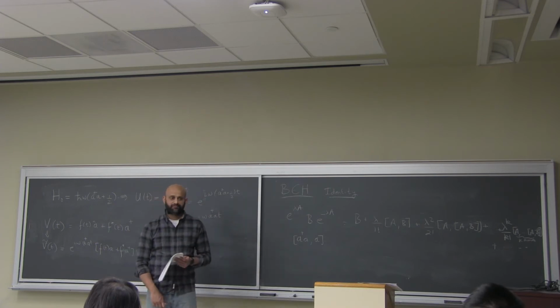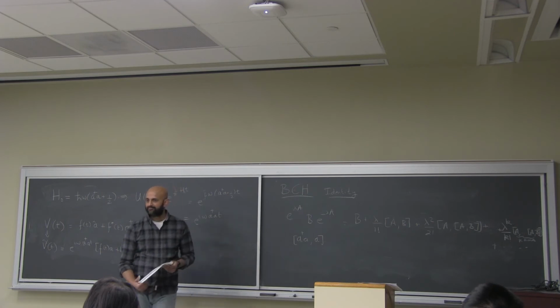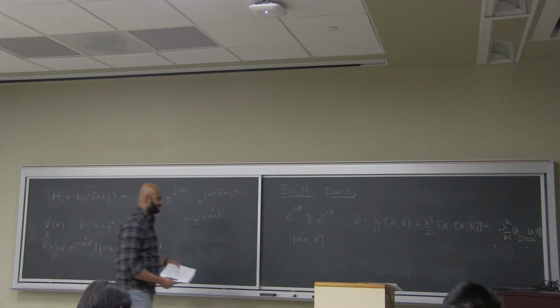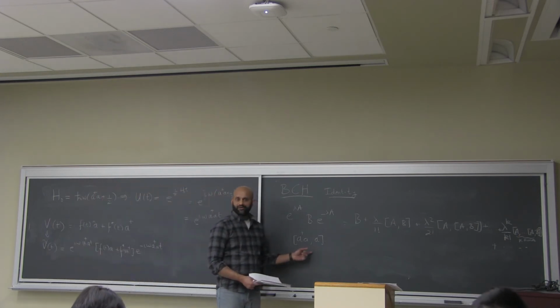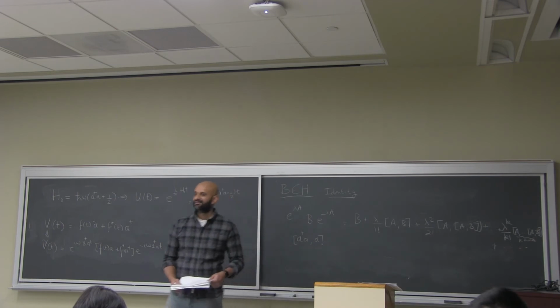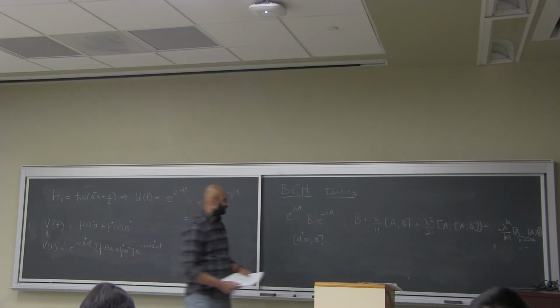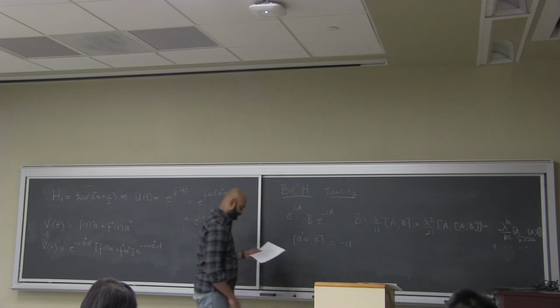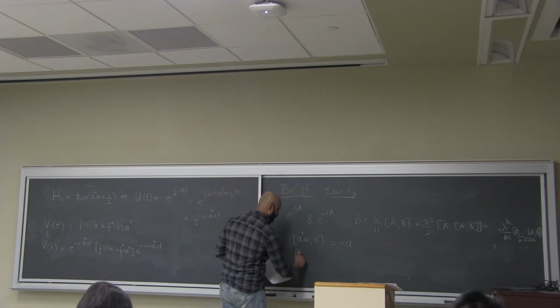Or how to find it? You can speak up. Even if you don't know the answer, how would I go about finding this commutator? Minus a. Minus a. Very good.